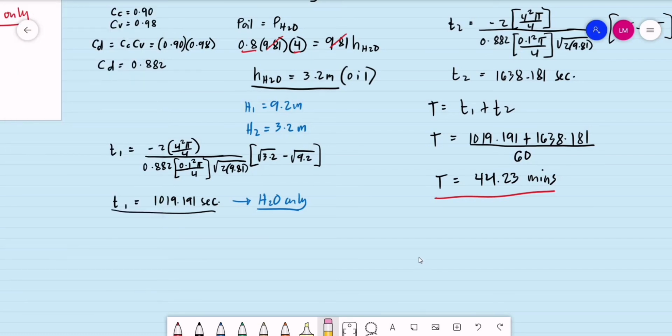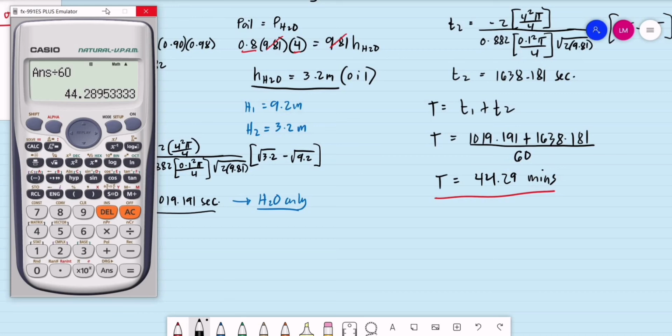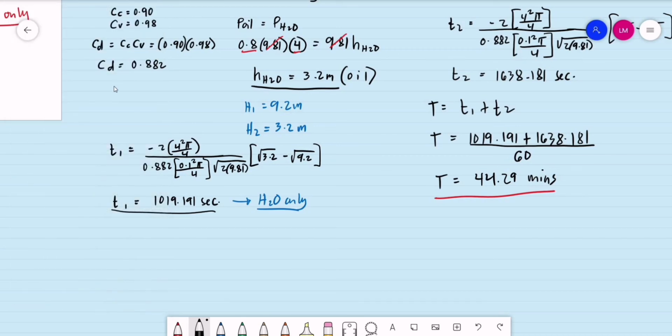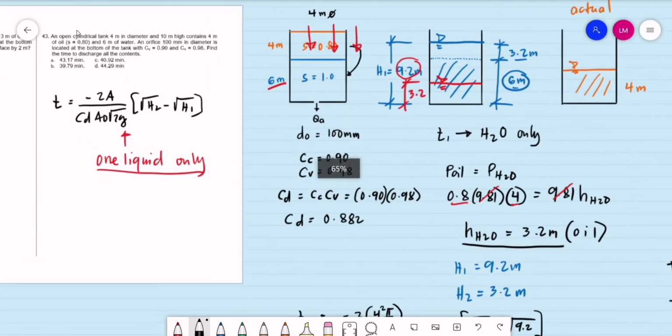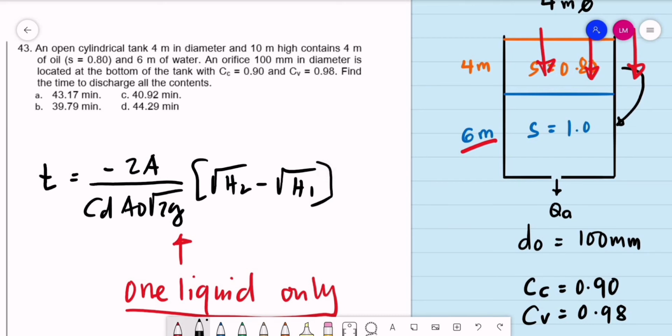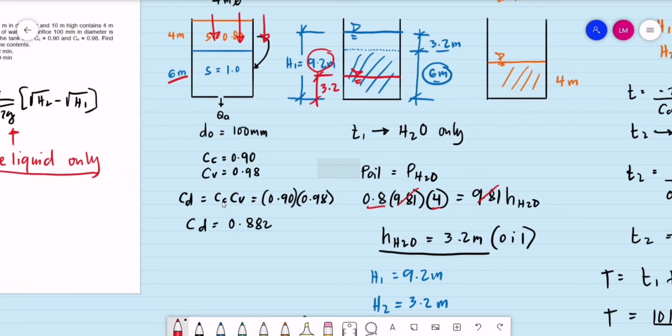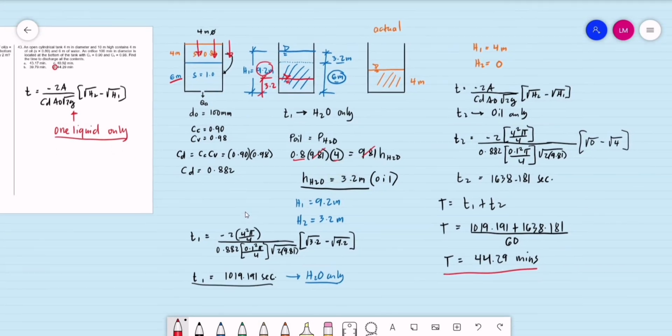Okay, so this should be 44.29 minutes. Tama ba? 44.2895. Okay, 44.29 minutes. Check natin sa choices. Letter D tayo, 44.29 minutes. So this will be our solution for problem 43 kapag meron tayong layers of a liquid.